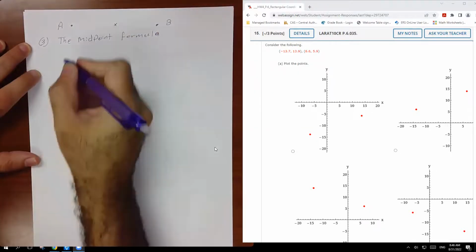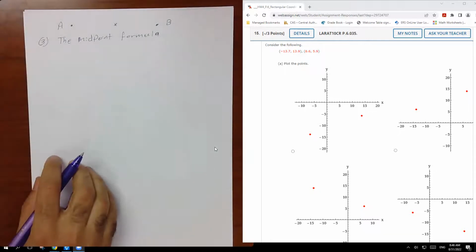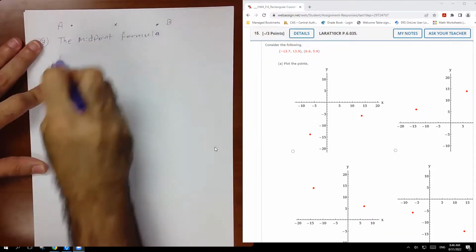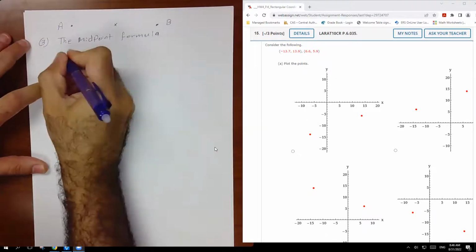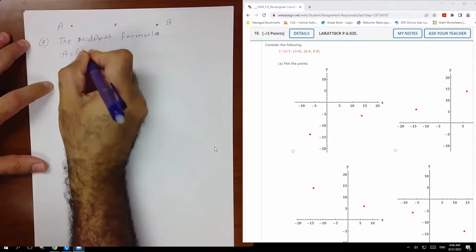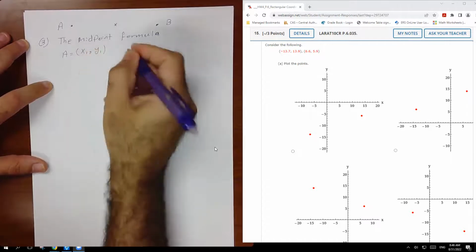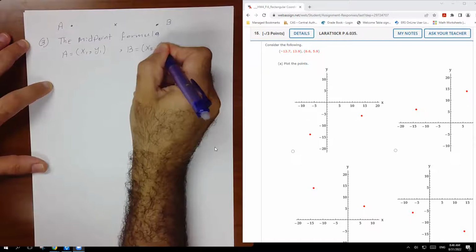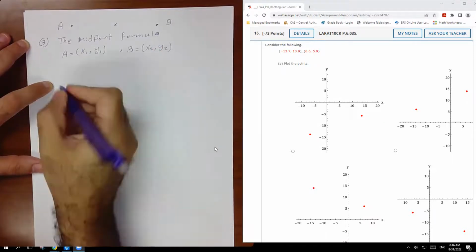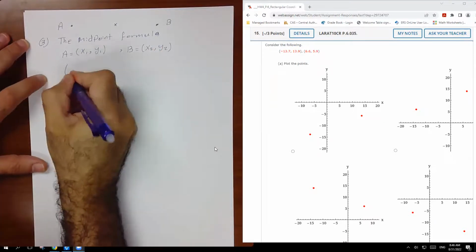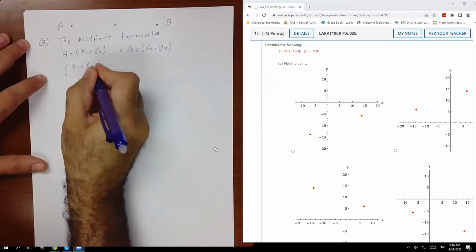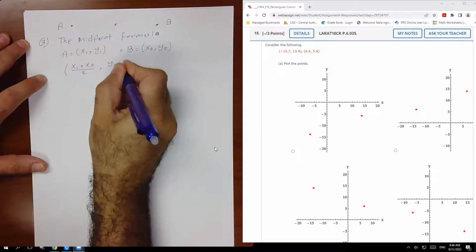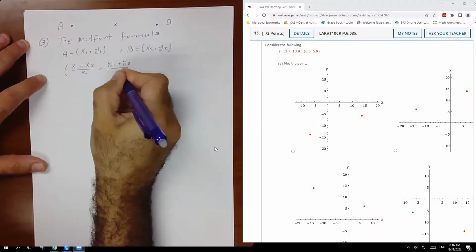Let's check how the midpoint formula goes. Again, if you have 2 points, A and B, so if A is x1, y1, and B is the coordinate x2, y2, the midpoint is going to be x1 plus x2 divided by 2, comma, and y1 plus y2 divided by 2.